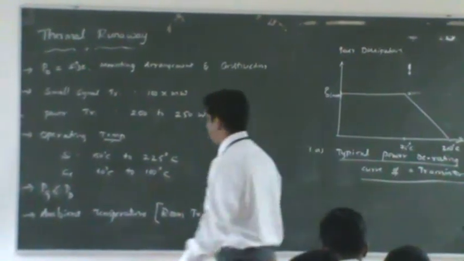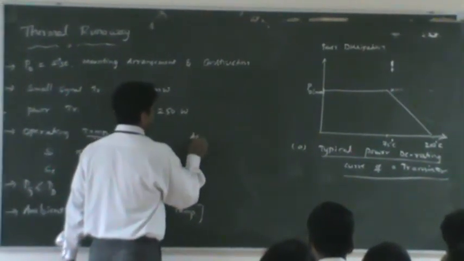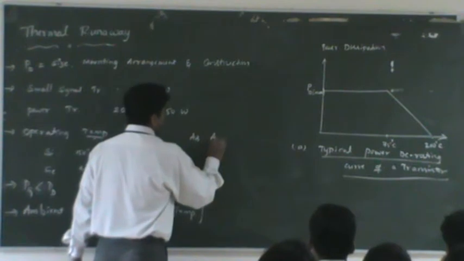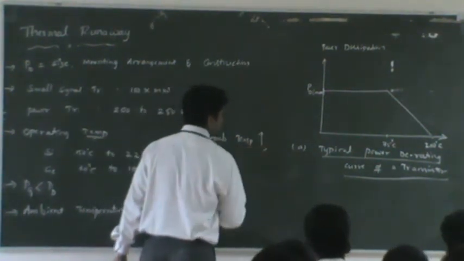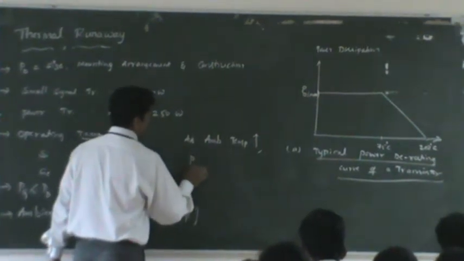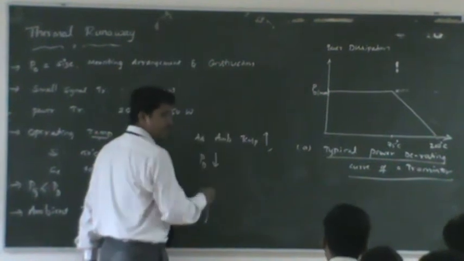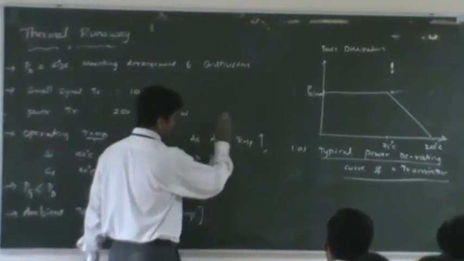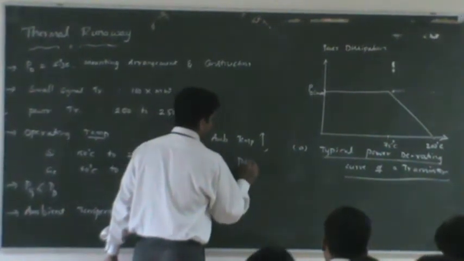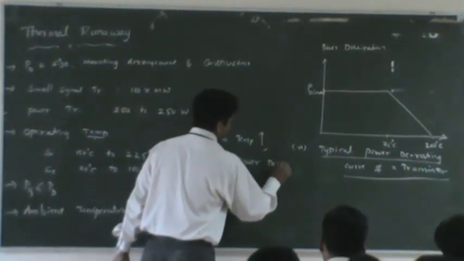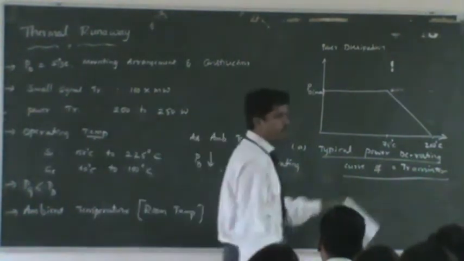What I am trying to say is, as ambient temperature increases, the power dissipation PD keeps on decreasing. One is increasing, the other one is decreasing. This phenomenon is called power derating. That's what this curve is showing.